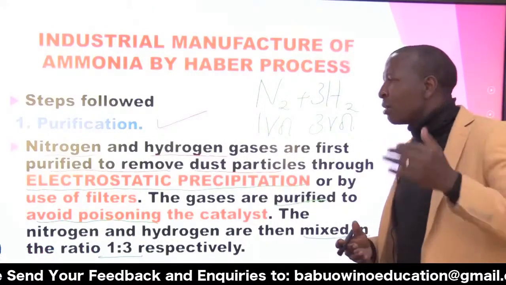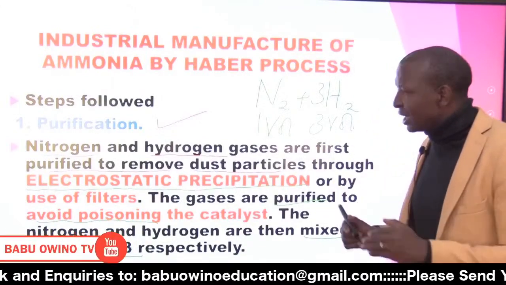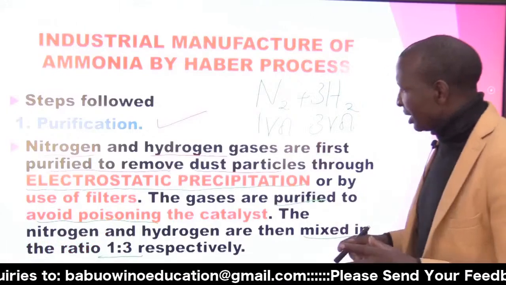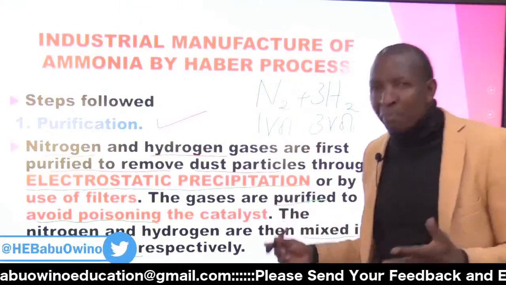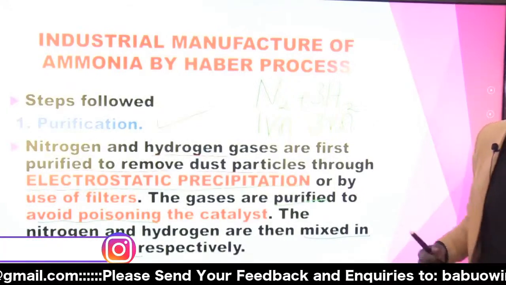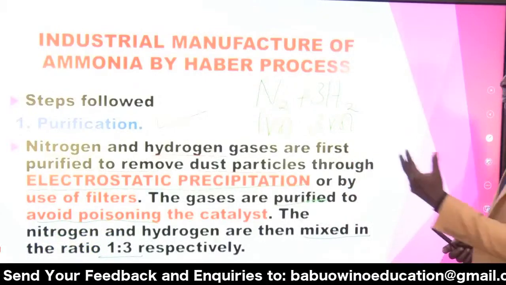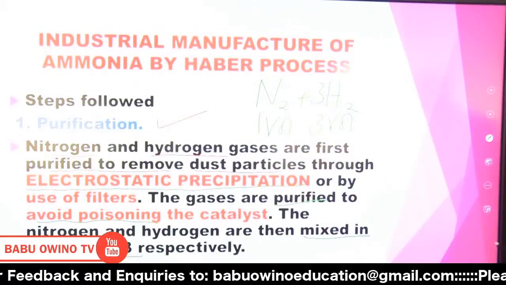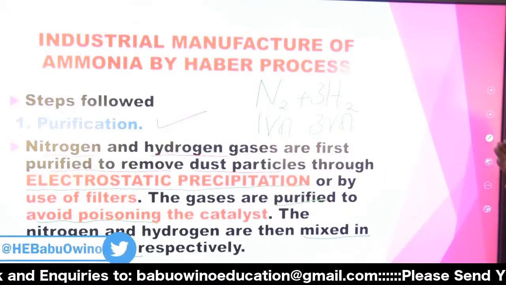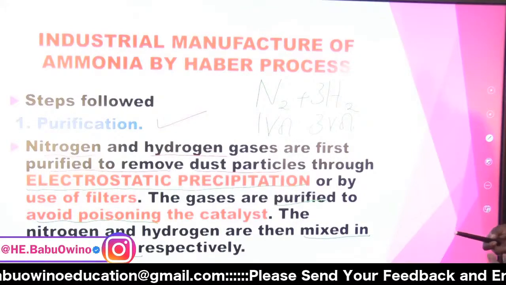To avoid poisoning the catalyst. Then the nitrogen and the hydrogen are mixed in the ratio of 1:3 respectively, because somebody can ask you to state the condition required at the purifier, and that is that the nitrogen and hydrogen are mixed in the ratio of 1:3.